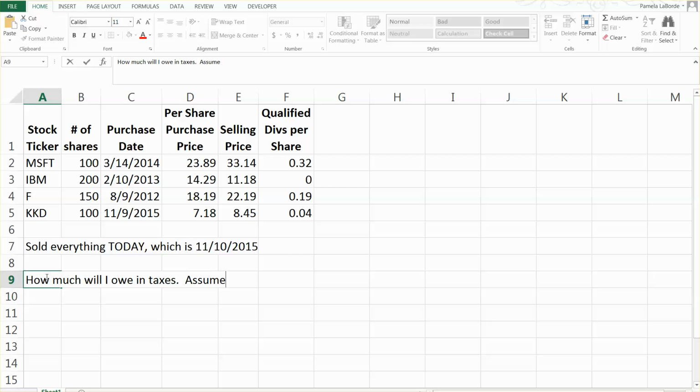Now, I'm going to again assume I'm in the 25% ordinary income tax bracket. That will put me in the 15% capital gains tax bracket. I usually just write capital gains as CG.